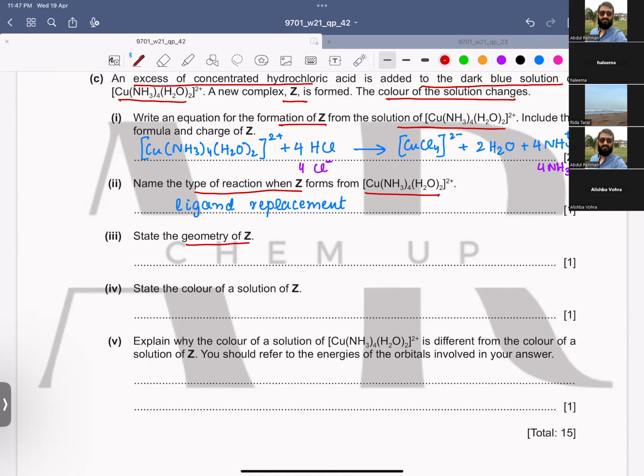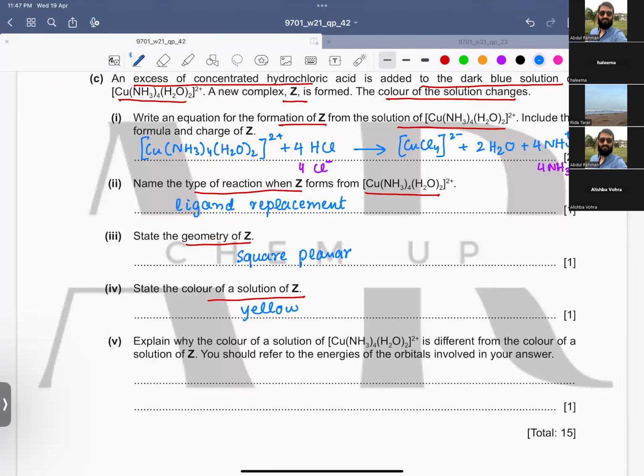Now state the geometry of Z. So here it has chloride, and if you recall, whenever the chloride is bonded and the coordination number is 4, the shape is square planar. Okay. State the color of the solution. So the color is yellow when the complex has copper bonded to chlorine ligands.